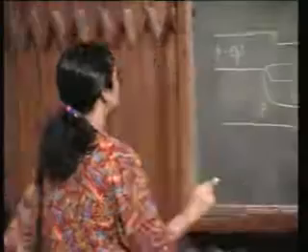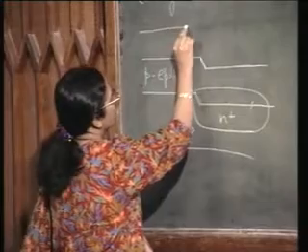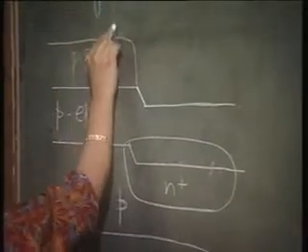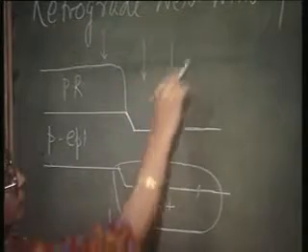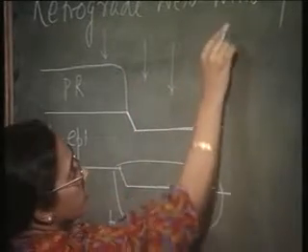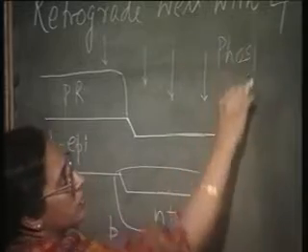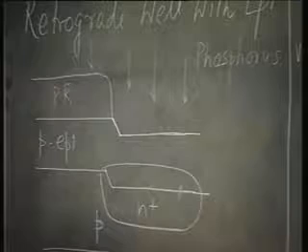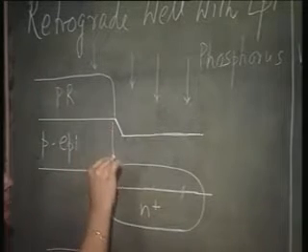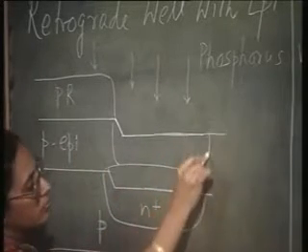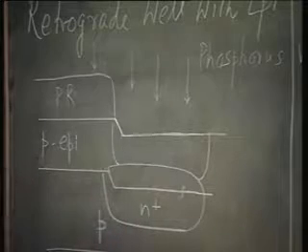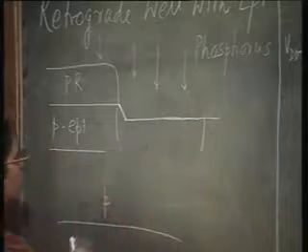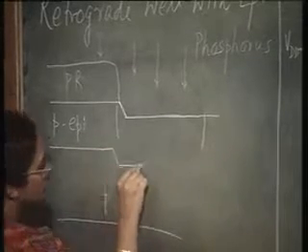Next step, you just protect this with photoresist and carry out, this time, a phosphorus implantation, because you want to have a deep N well. Let us draw it in a more realistic manner, so that what we have is something like this.